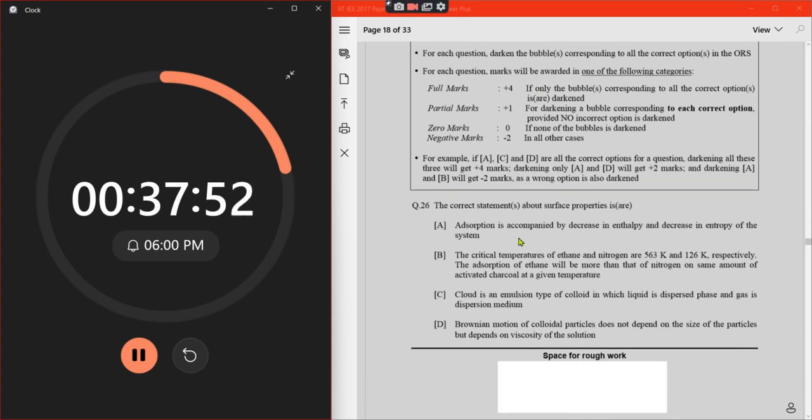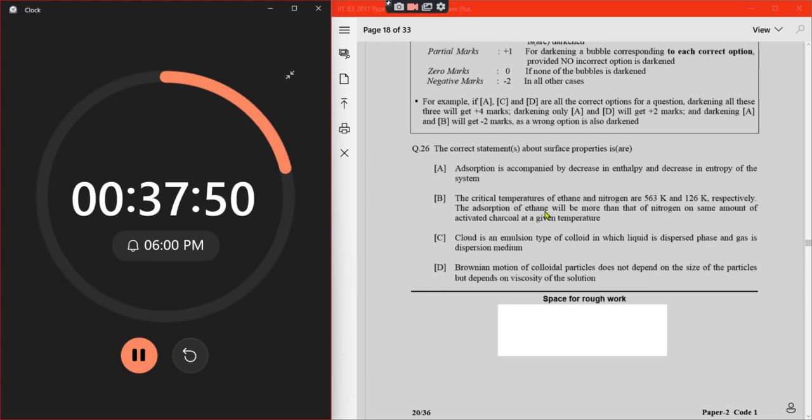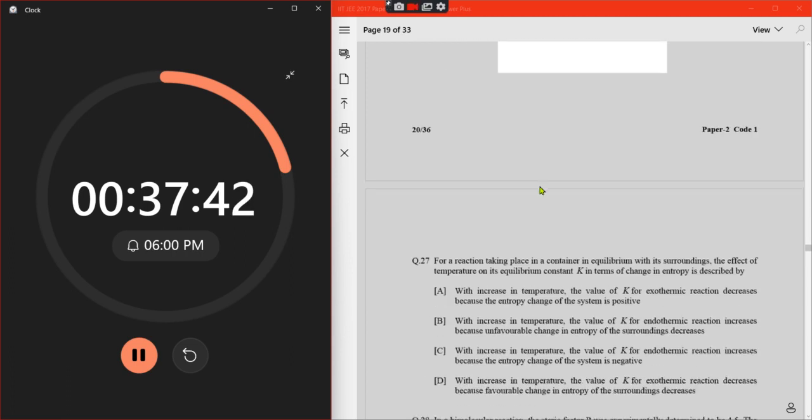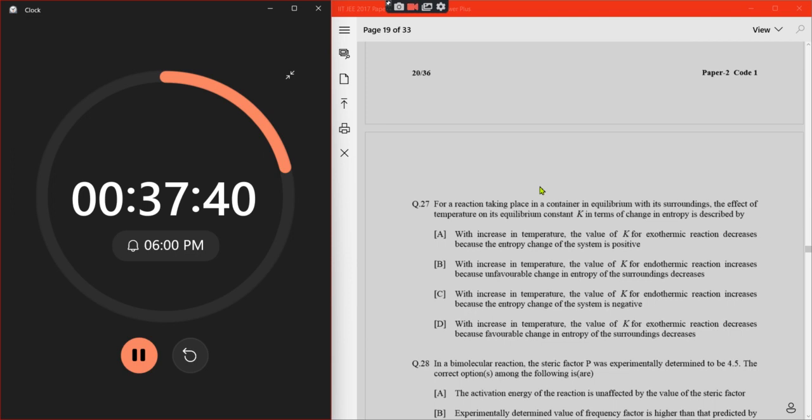Okay, one more. The next statement about the surface properties is or are. ये वही एक particular chapter जो कि मुझे पता नहीं है, ये पूरा उसी पर based है ना। Okay, for a reaction taking place in a container in equilibrium with its surrounding, the effect of temperature on its equilibrium constant K in terms of change in entropy is described by.